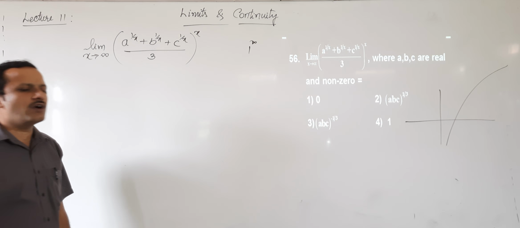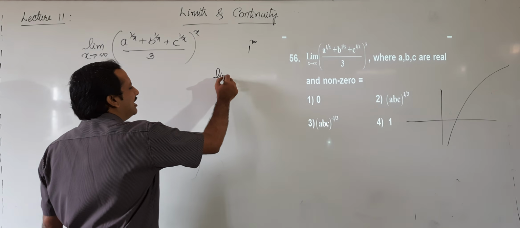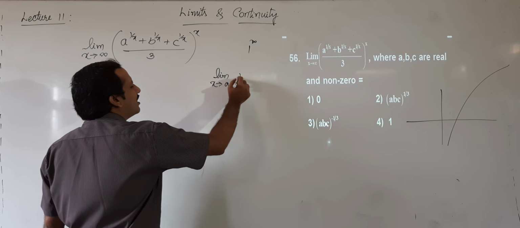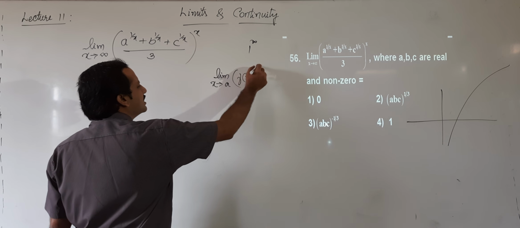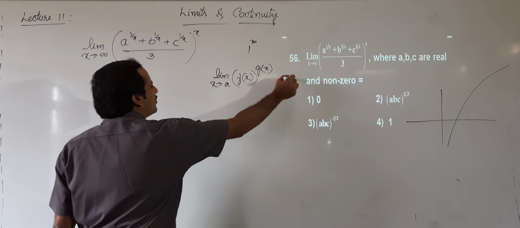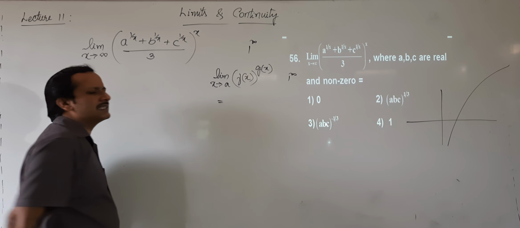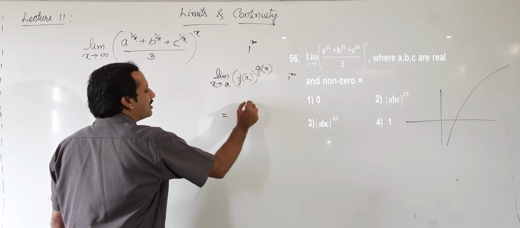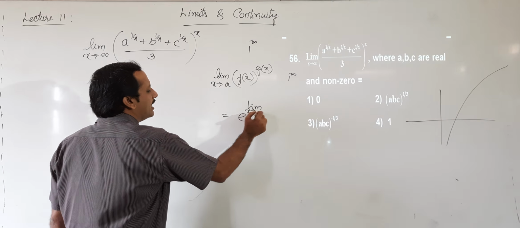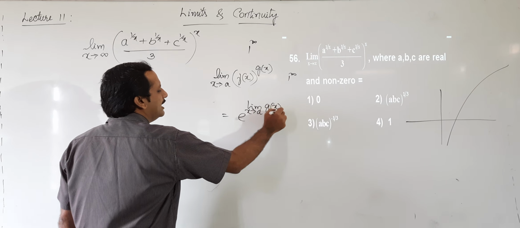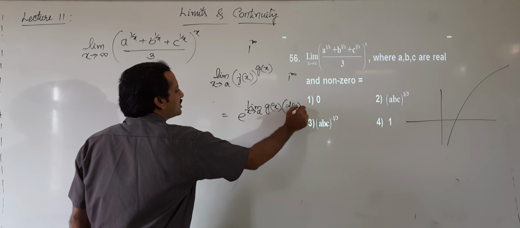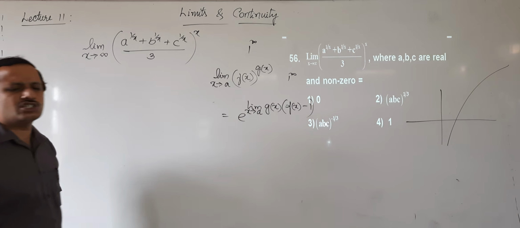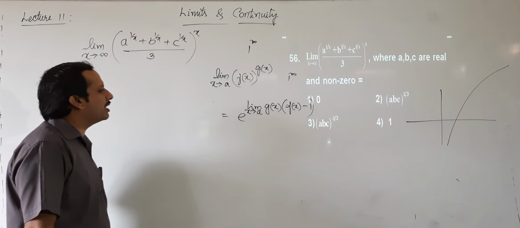If it is of the form 1 power infinity, you know, limit x tends to a of f(x) to the power g(x), then we write this limit as e to the power limit x tends to a of g(x) into (f(x) minus 1).